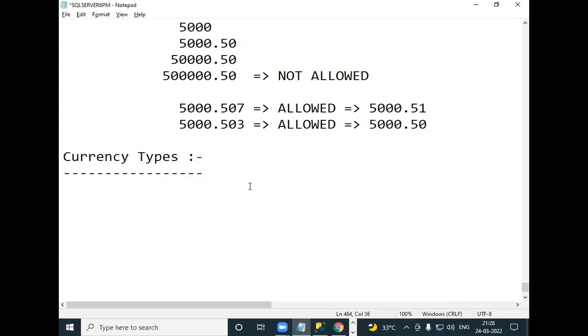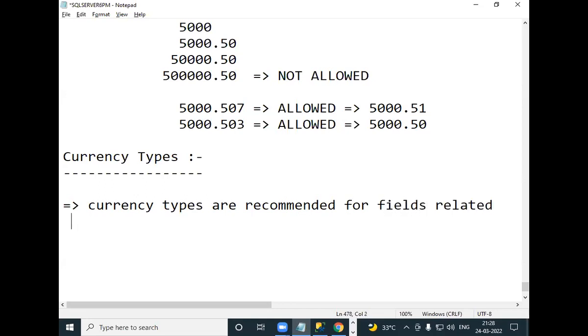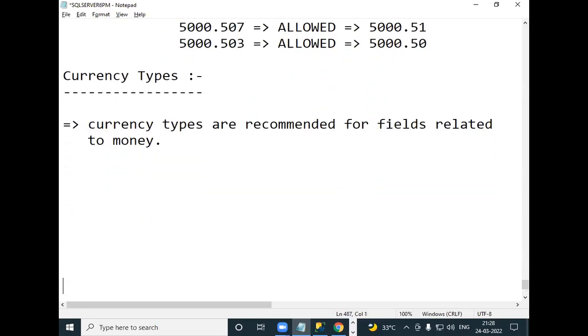Currency types are recommended for fields related to money.